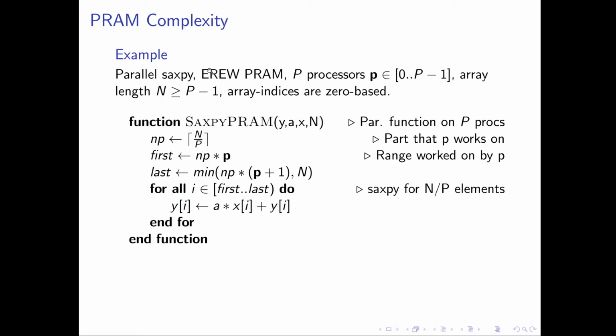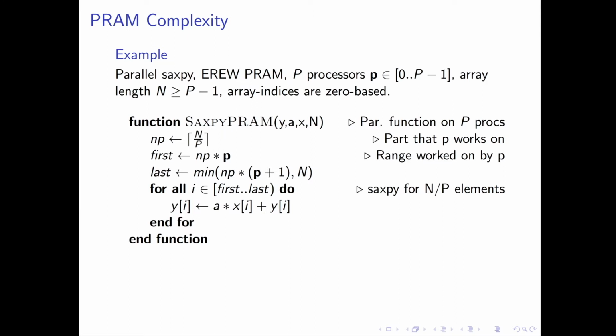So why is this an EREW PRAM algorithm? This is an EREW PRAM algorithm because each processor will only read from or modify exclusive memory addresses. So this I here is really only ever accessed by a single processor.